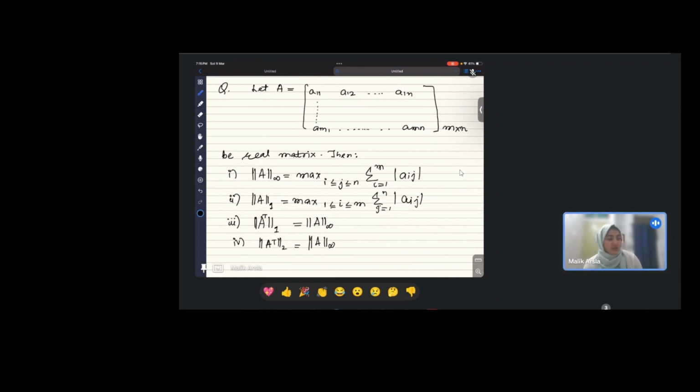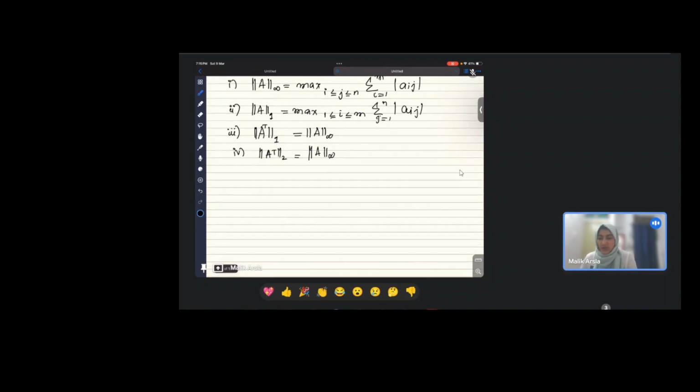This was a previous assignment and the proof was already discussed, but for the others we have to check once. For options 1, 2 and 4 you have to think. So let us quickly go through these options to check whether or not they are correct.